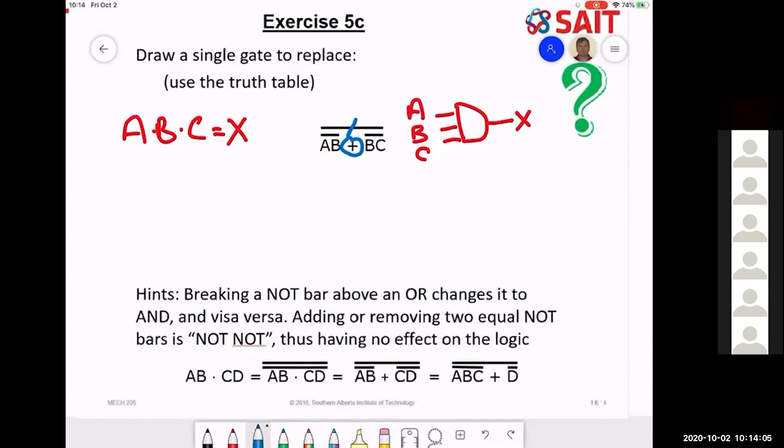So I could rewrite that expression AB with 2 bars over it, or BC with 2 bars over it. Because I broke the bar and changed the symbol. Now if you invert something and then invert it again, it goes back to its original state. So 2 NOT bars will cancel each other out.